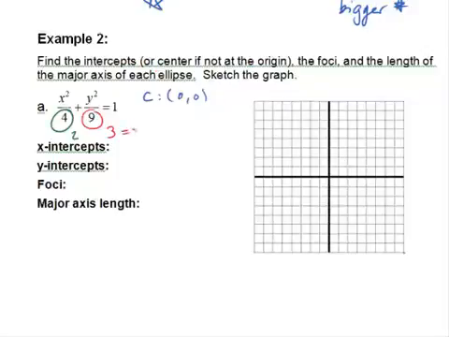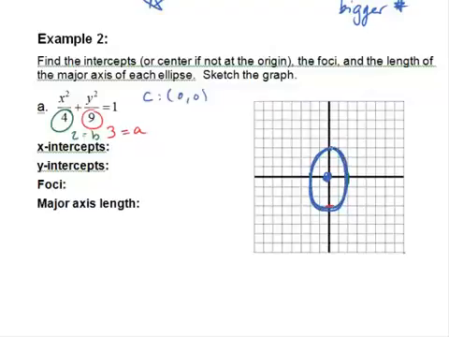The larger number is always a, and the smaller number is always b. So center at 0, 0. 3 units vertically up and down, and 2 units horizontally side to side. Connect these, make your ellipse shape.